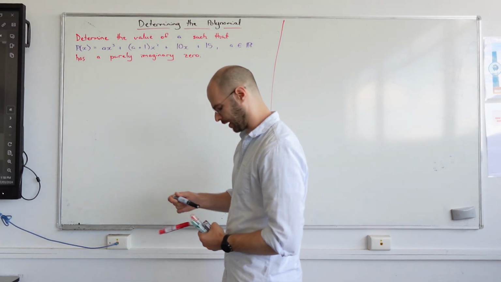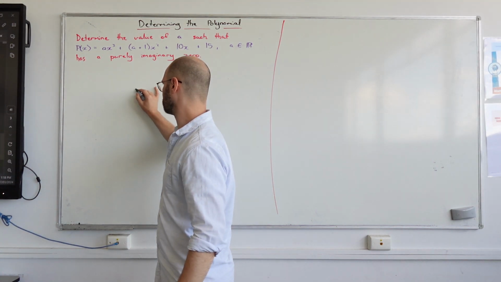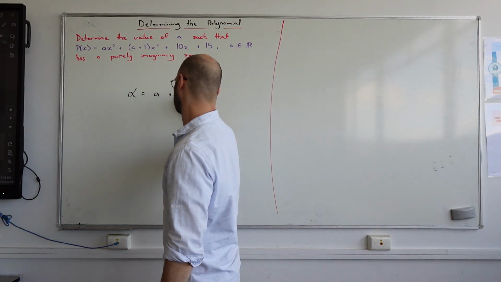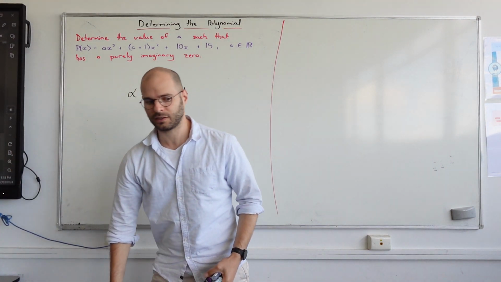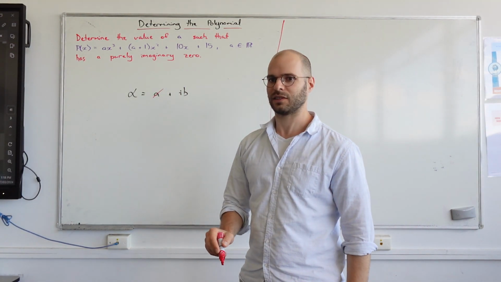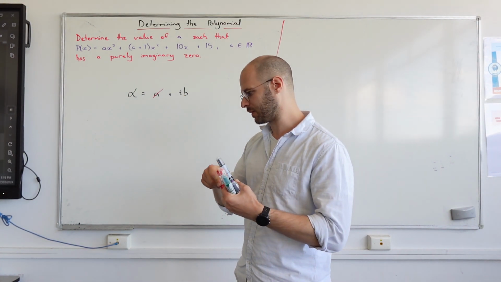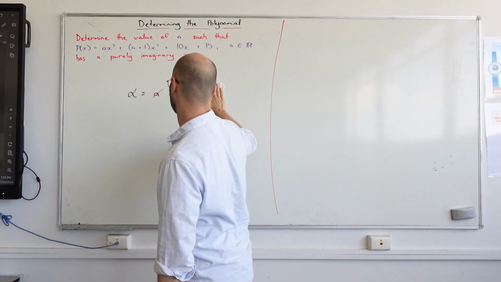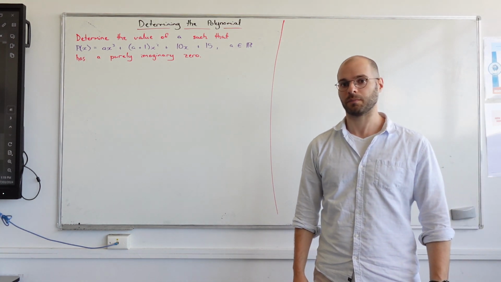So what that means is that if we were to write the root, say we had alpha as a plus ib, because it's purely imaginary, it simply means that there's no a, it's just ib. And even though we're being quite vague in the information we're given, we actually have enough information to solve this particular problem.